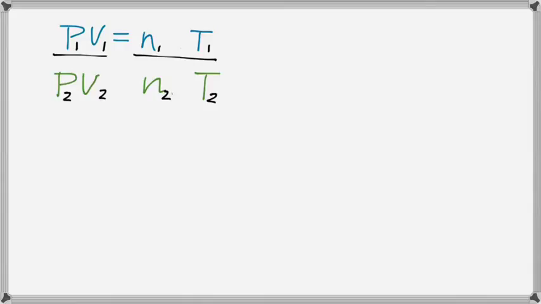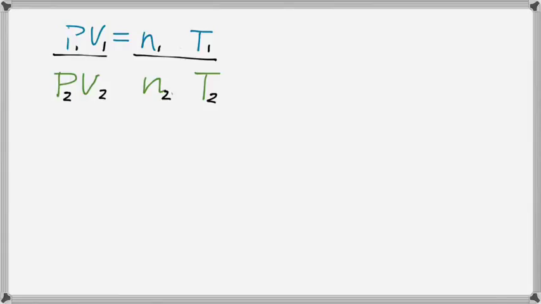So let's derive one of the gas laws. So pick Charles' law or Avogadro's law. Which one? Charles' law. So Charles' law has volume and temperature. So with Charles' law, volume and temperature are changing, but the pressure and the amount of gas are not changing. So for a Charles' law problem, pressure 1 is equal to pressure 2.